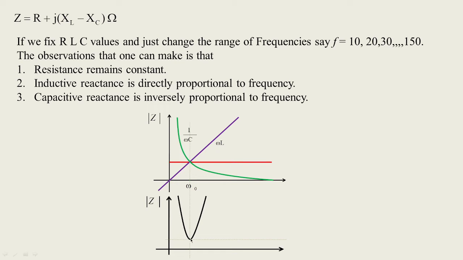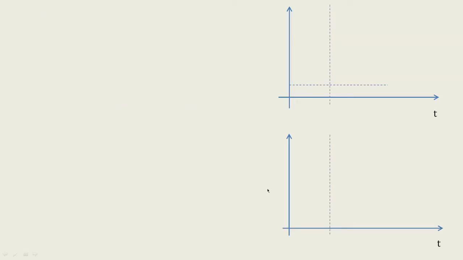This decrease is because of capacitive nature, this increase is because of inductive nature, and exactly at omega naught, which we call the angular resonant frequency, the resonance occurs. So that is equivalent to R.